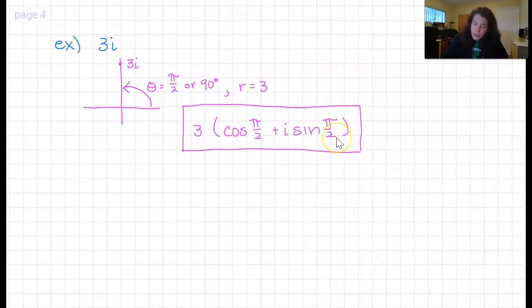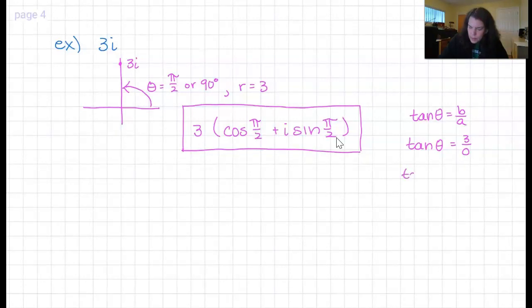There it is. By the way, take a look at what would happen if you did use a formula. I don't know if any of you did. We know that tan theta is b over a, and so in this case, b is 3, but a is 0. But wait, you can't divide by 0. Tan theta is undefined. What?